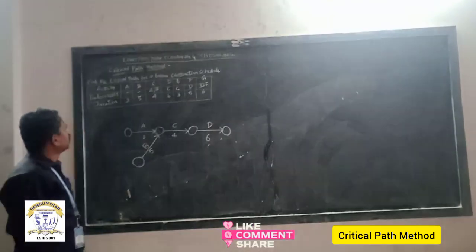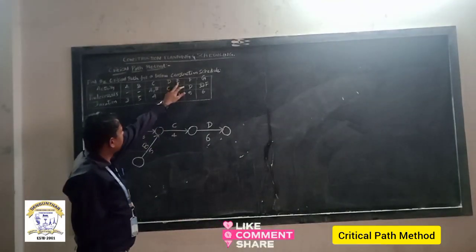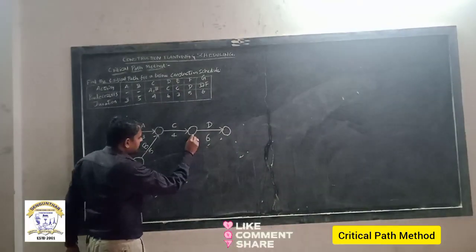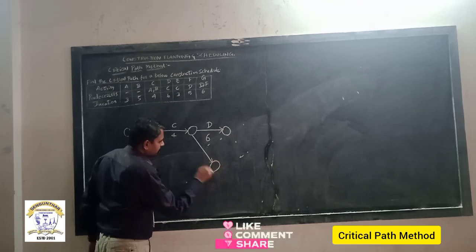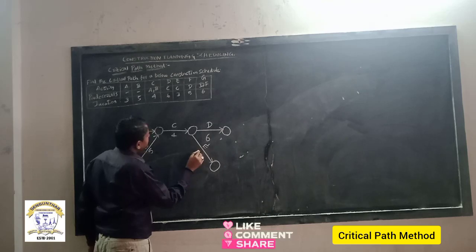Clear? Right. Next activity is E. Activity E starts after completing C activity. So after completing C activity, another activity is simultaneously started. That activity is E, and its respective duration is 3.